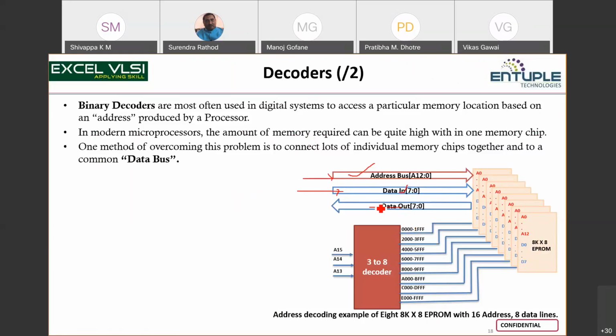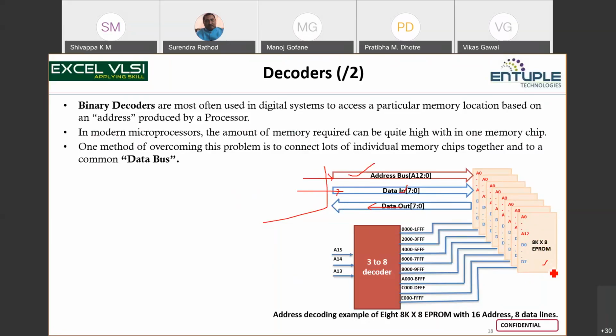Data out is coming from each one of these, and this will be passed to the processor based on the selection, based on which chip is active. Finally I want to select this chip.